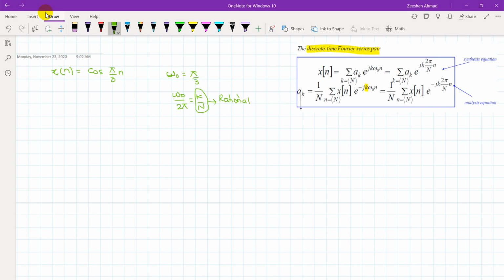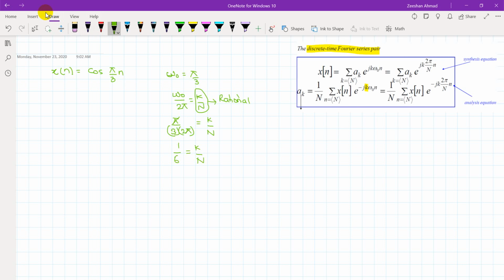In this case, omega naught by 2 pi will be equal to pi by 3 multiplied by 1 over 2 pi, which is equal to k divided by N here. Pi will cancel here, so I can have basically 1 divided by 6, which will be equal to k by N here.